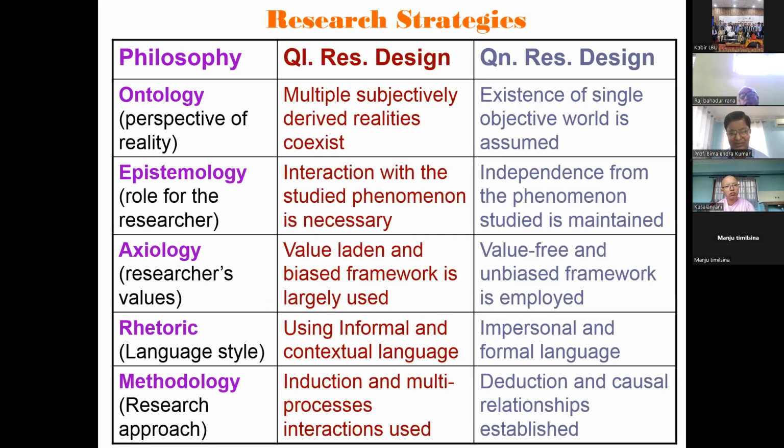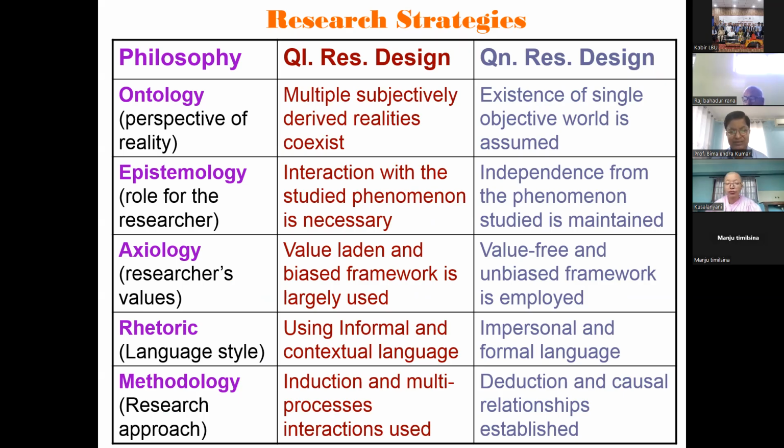So see here, there is a chart of how qualitative and quantitative research are designed by a researcher. You will see that there are five subjects: ontology, epistemology, axiology, rhetoric, and methodology.